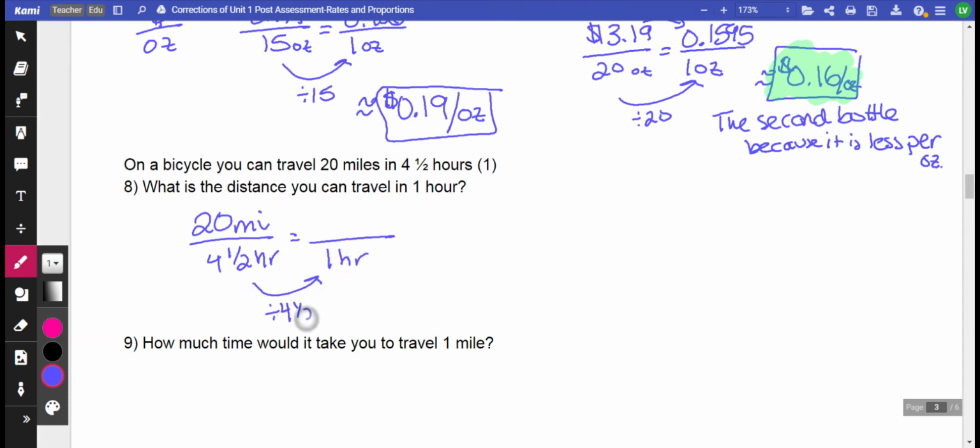So I'm going to divide the numerator and the denominator by 4.5, which is going to give me 4 and 4/10 repeating. So that's about 4 and 4/10 miles.